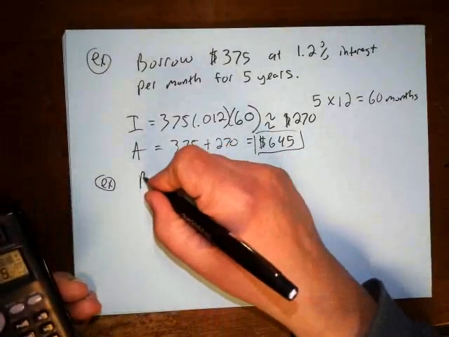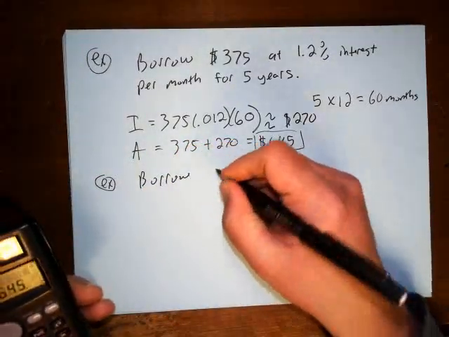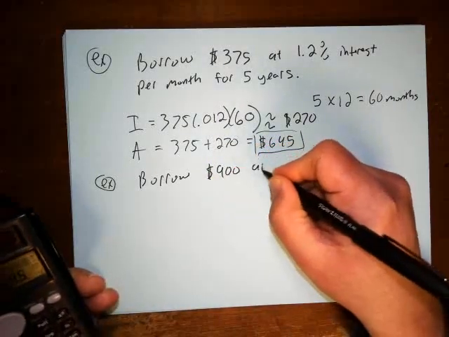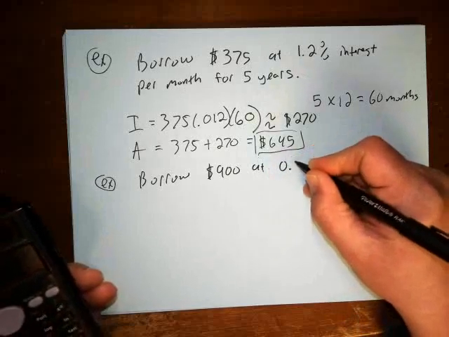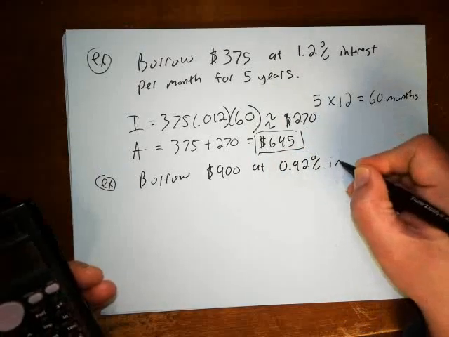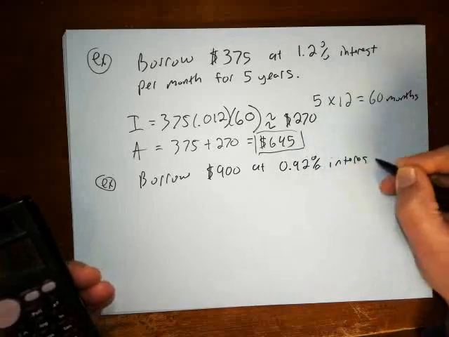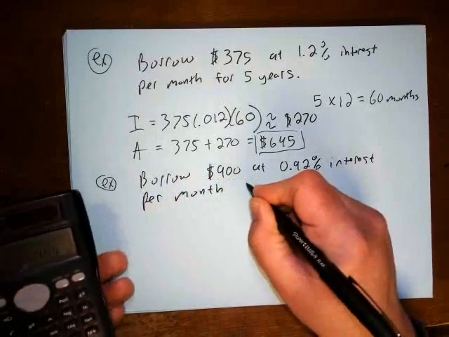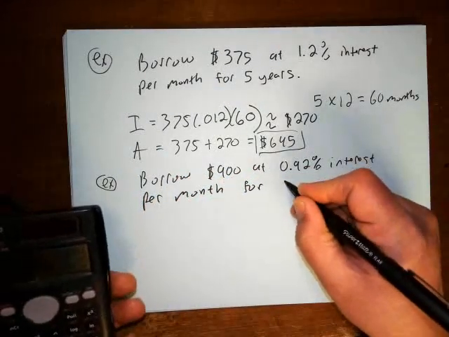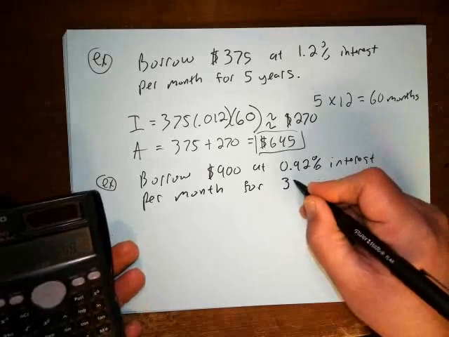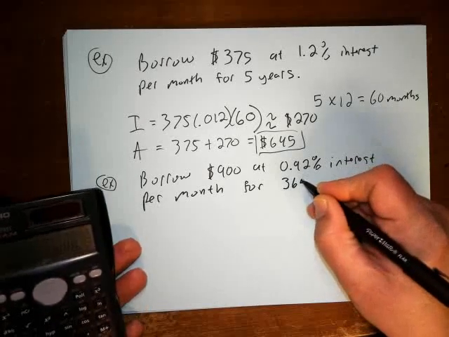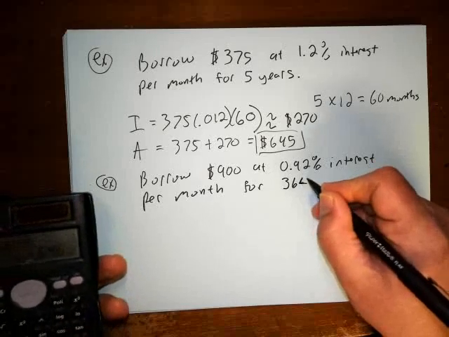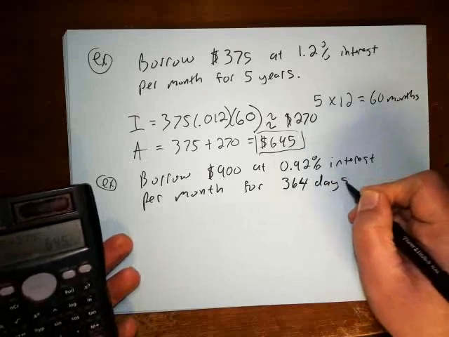So let's say I'm going to borrow, we'll say $900, and we'll say at 0.92% interest per month. And we'll say for 364 days or something like that.